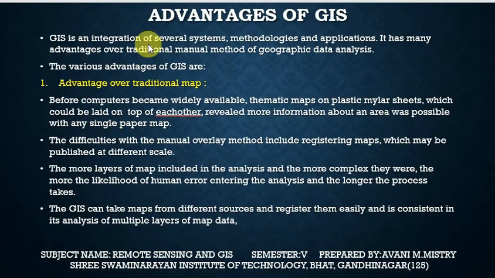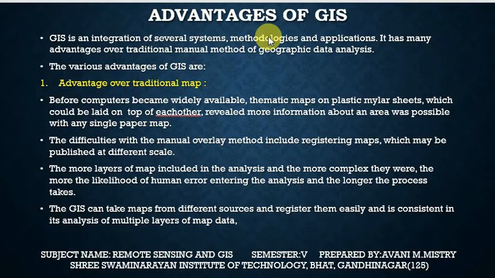GIS is an integration of several systems, methodology and applications. It has many advantages over the traditional manual method of geographic data analysis. The various advantages of GIS are advantages over the traditional map.